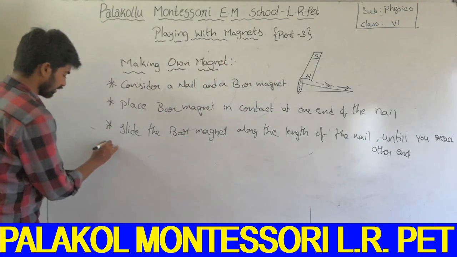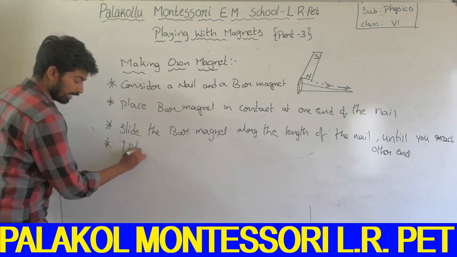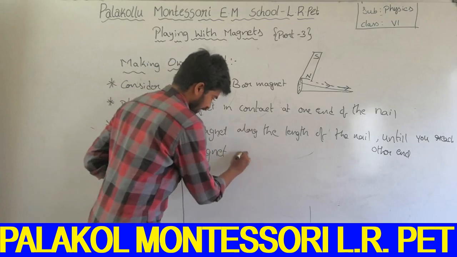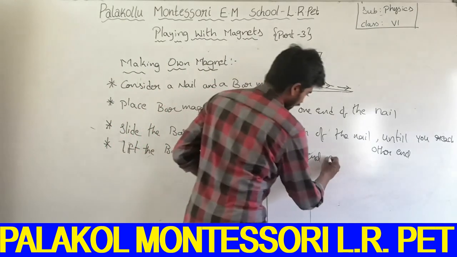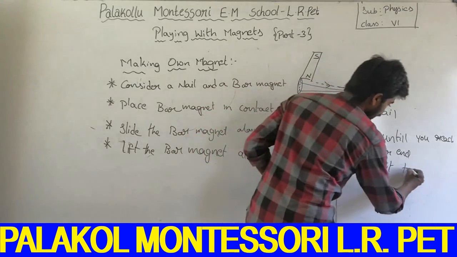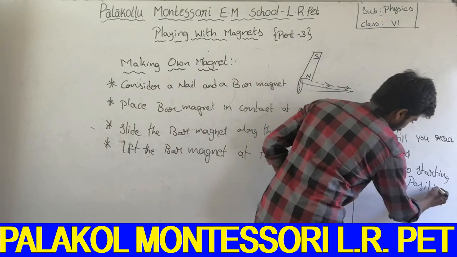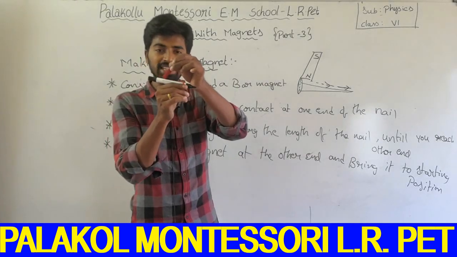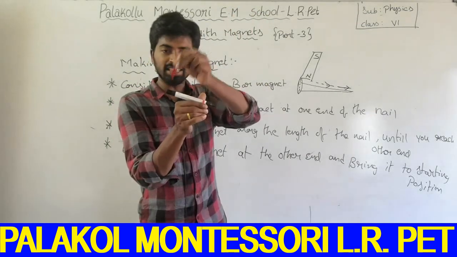Initially you place the bar magnet here, slide it until you reach the other end, lift the bar magnet there, and again place it in the starting position.